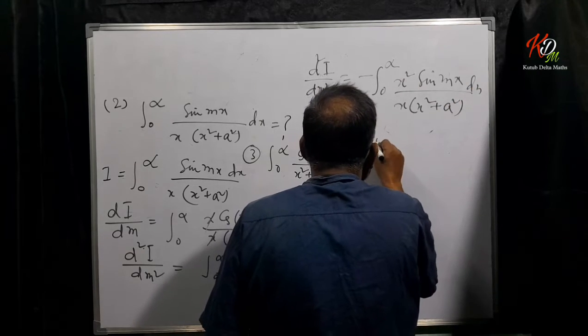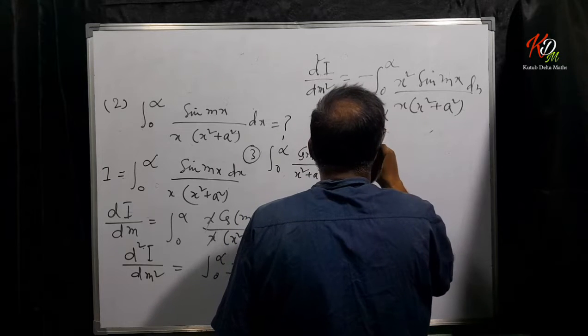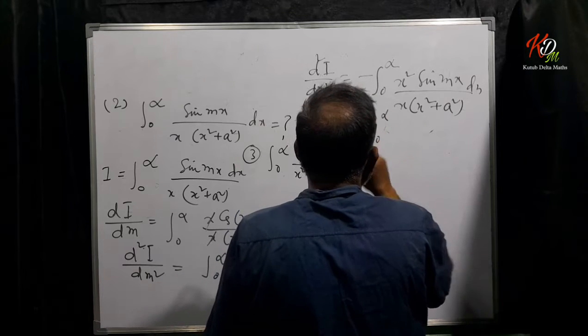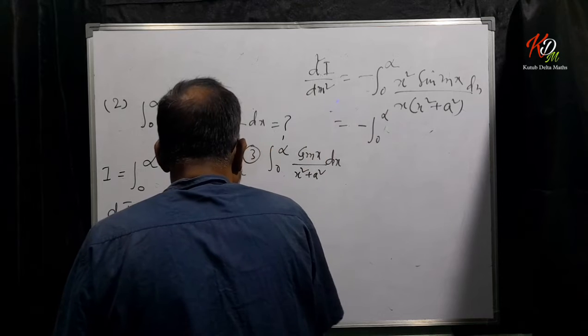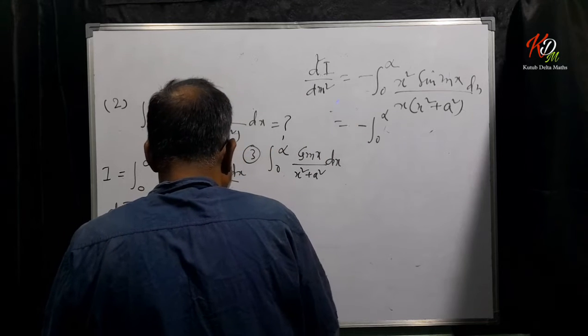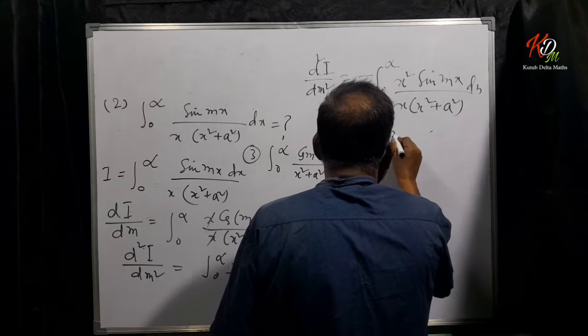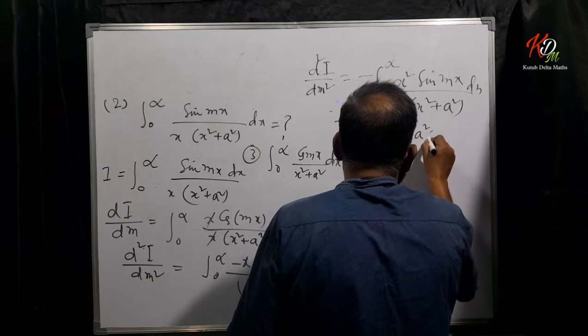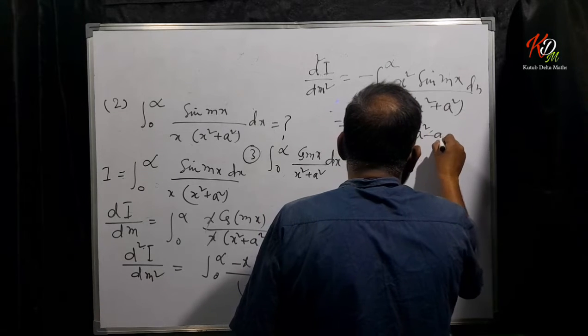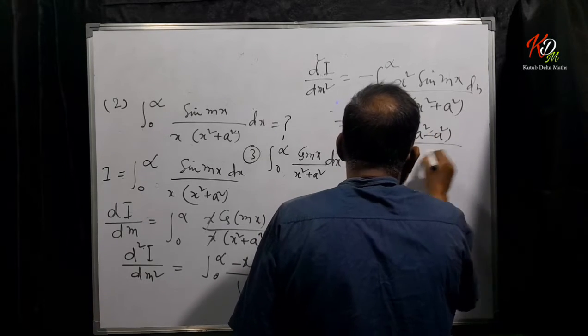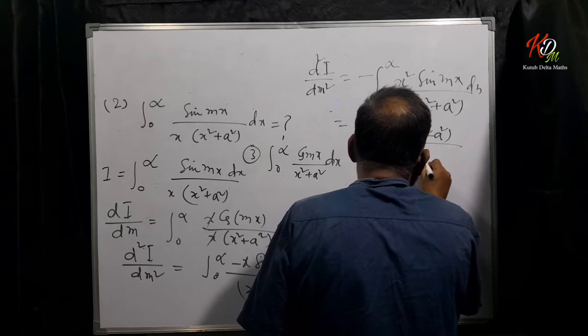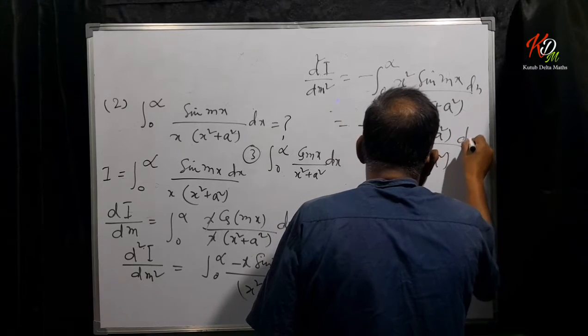So minus 0 to infinite x square minus a square plus a square by x into x square plus a square dx.